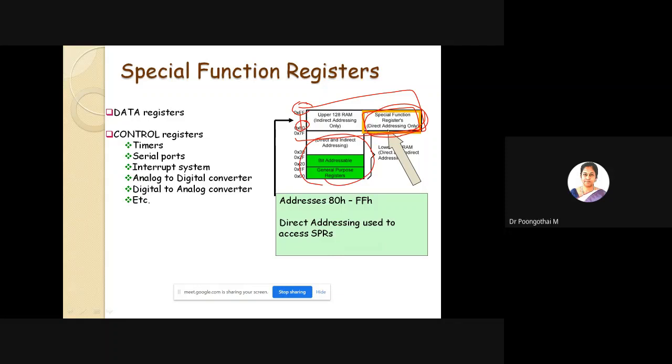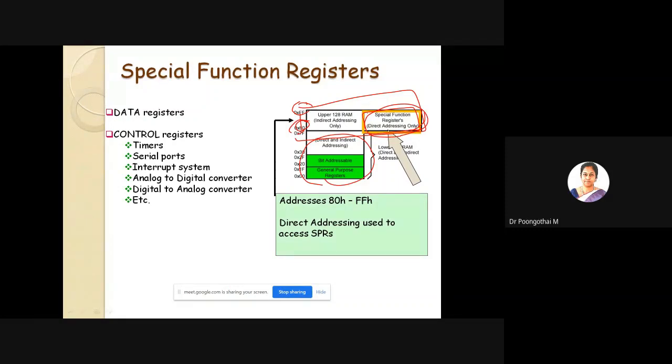The special function registers occupy the upper 128 bytes of internal memory. The addresses of special function registers vary from 80 to FF. The entire address range 80 to FF is not used by special function registers. There are some unused locations, and some are reserved for future purposes.